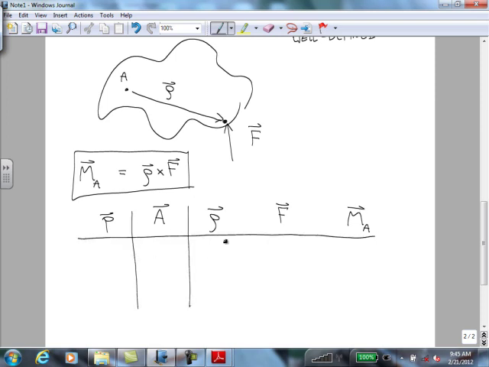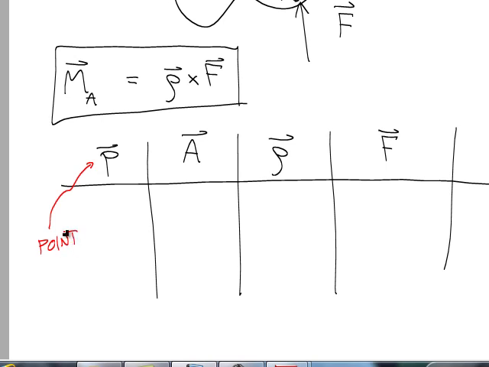And you just go through all the forces acting on the object that you're isolating. P is the point where the force is applied. A is your chosen about point.